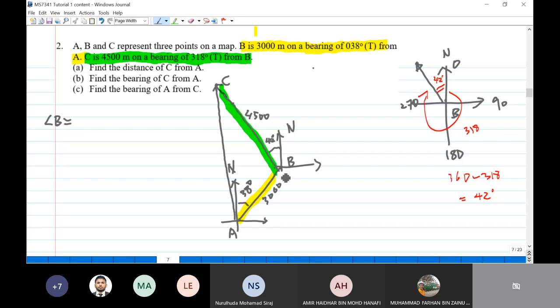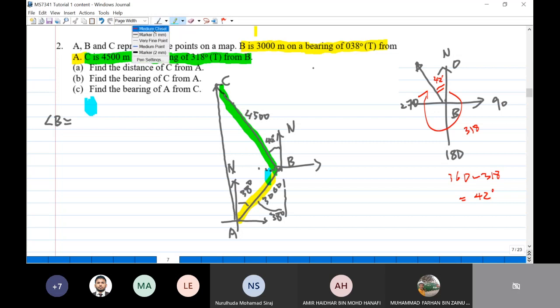Let me use color again. So how much is this thing? If you draw this, this is 38 also. This angle, if I use blue, is 90 degrees, because from west to south it's 90 degrees.